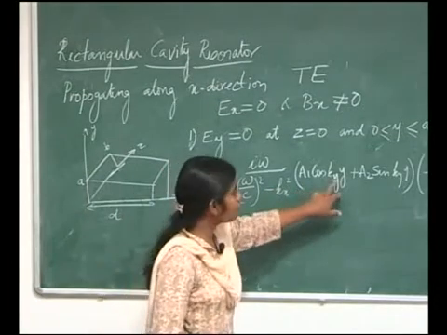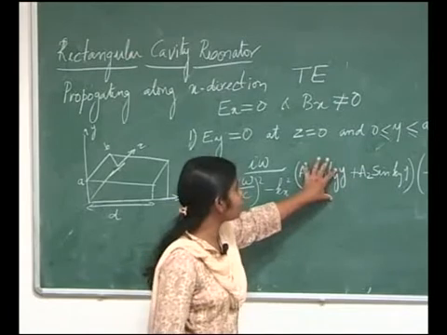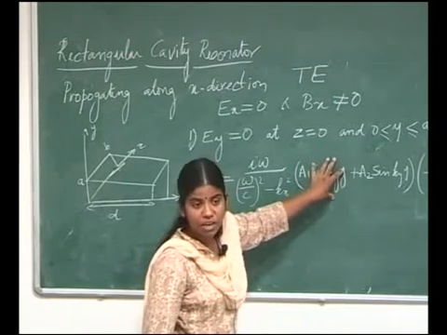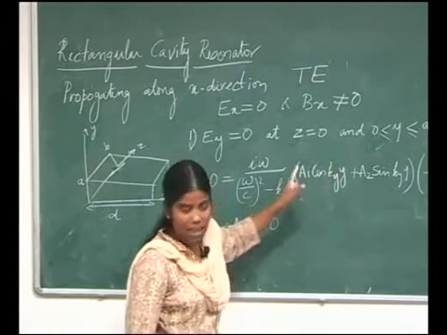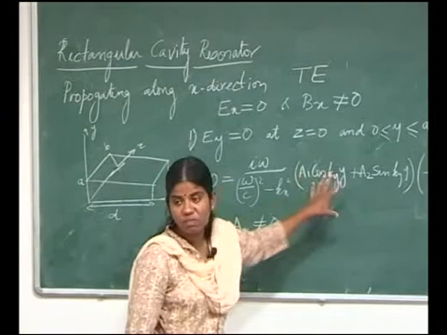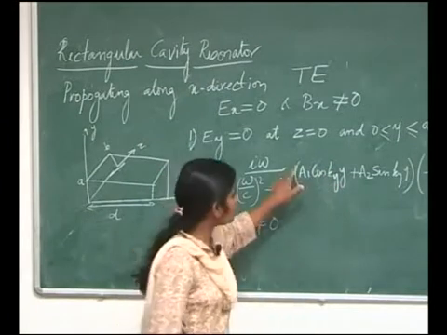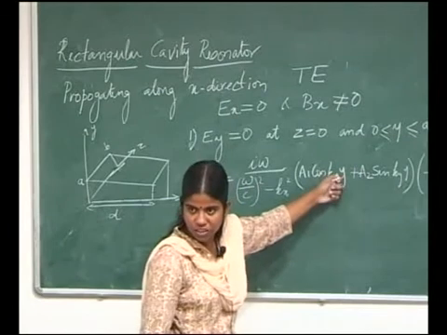If any one of these terms is 0, the whole thing would go to 0. This is the component of the electric field along the y axis, and for this particular boundary condition it is not 0. So none of these terms should be 0.